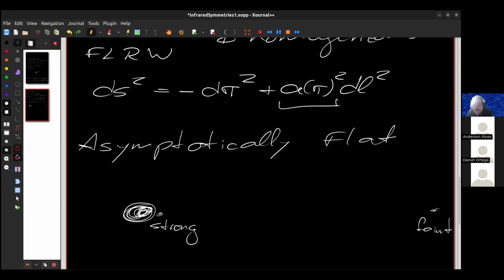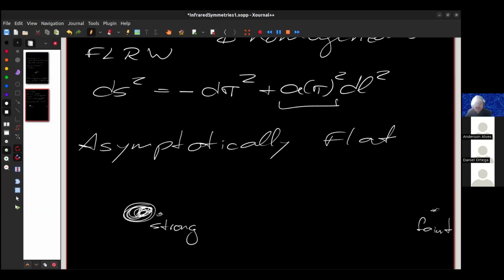And when the field is very weak, when you're very far away from the source of matter which is inducing this gravitational field, you can imagine that probably that region of spacetime looks a lot like Minkowski spacetime.